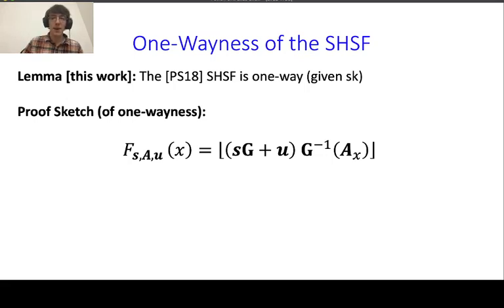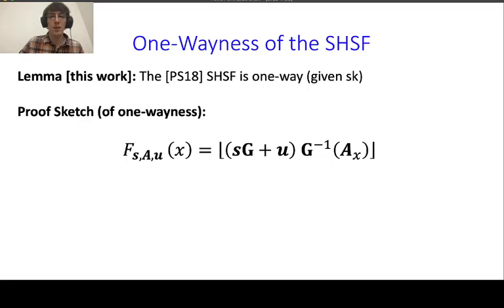G inverse of A sub x is a binary matrix, so it's one matrix with binary entries. And I'm skipping over a bunch of details, but A sub x is some matrix generated using this gadget homomorphism methodology. Okay, so it's a random vector times a matrix with small entries.